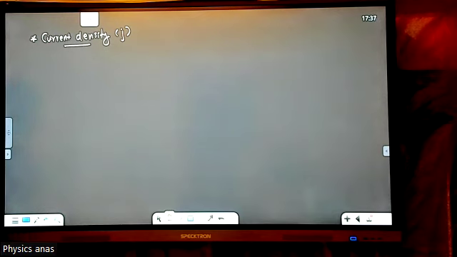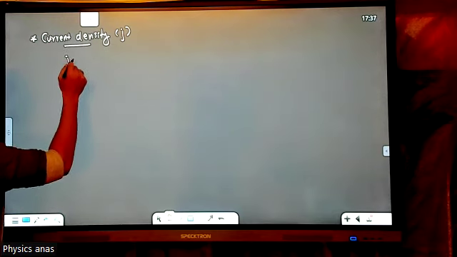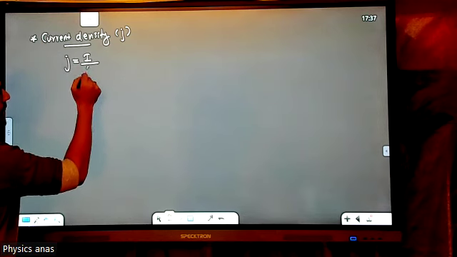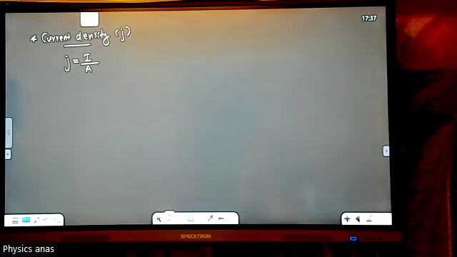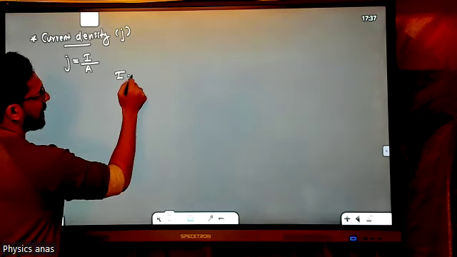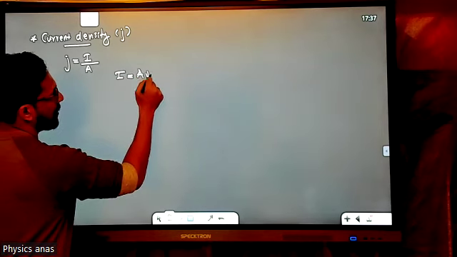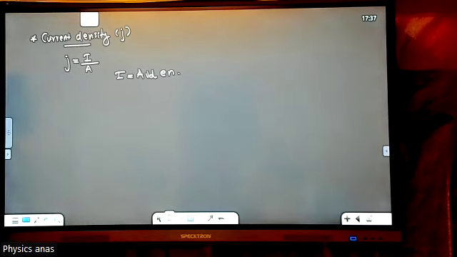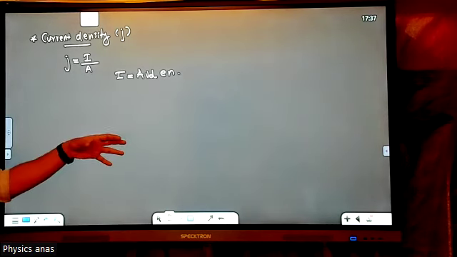You can write this current density in terms of drift velocity. I divided by A is current density. Then what is the equation for I? I is A Vd e n. This is the equation for current in terms of drift velocity.